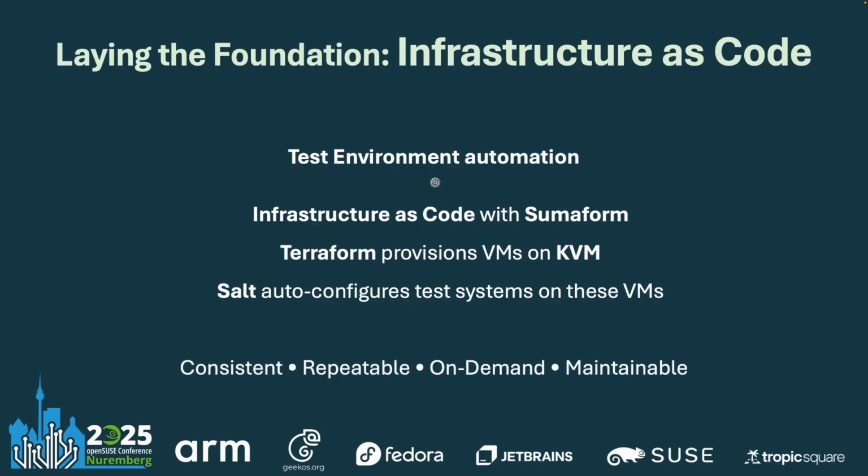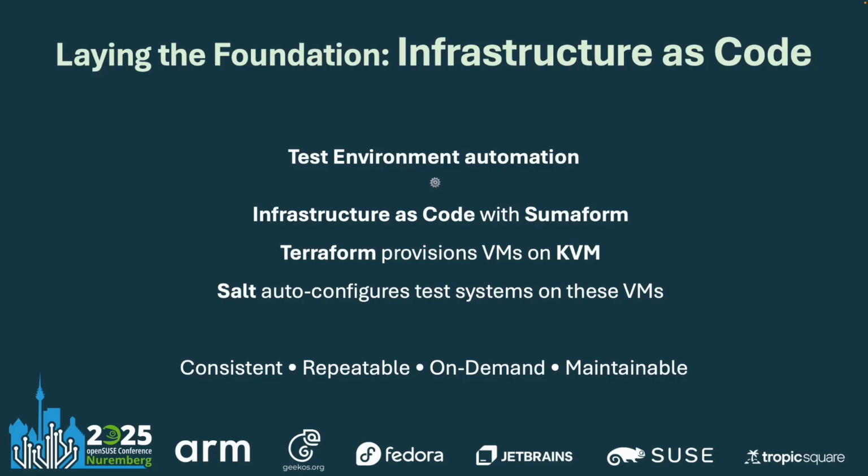And the result of making this change is that our test environments are now consistent. Every environment built from the same code is identical, repeatable. We can easily take down and rebuild environments, which is key for clean test runs.